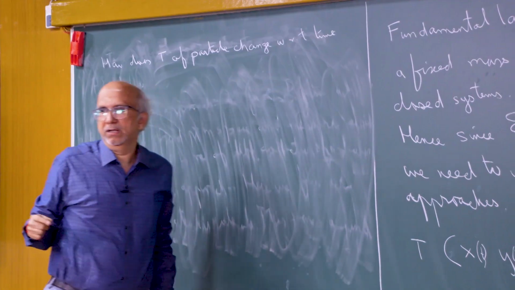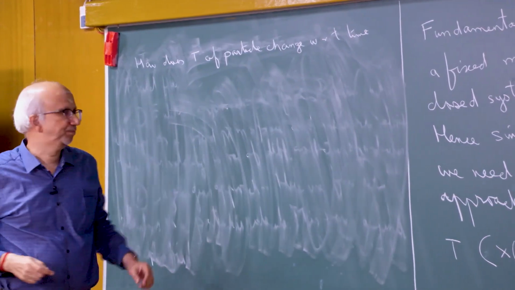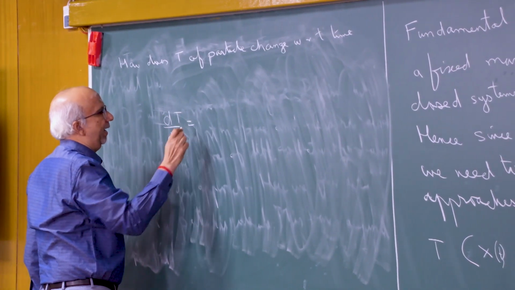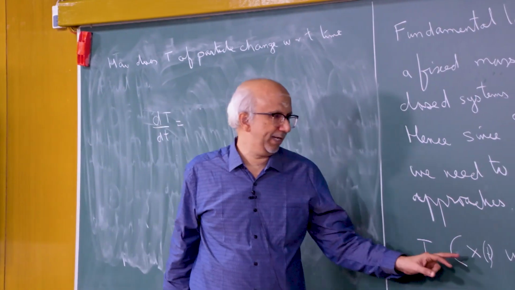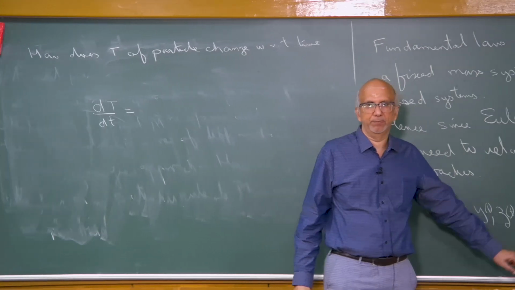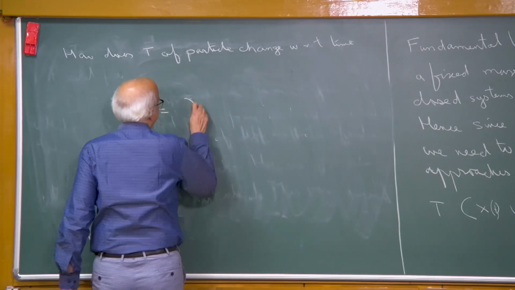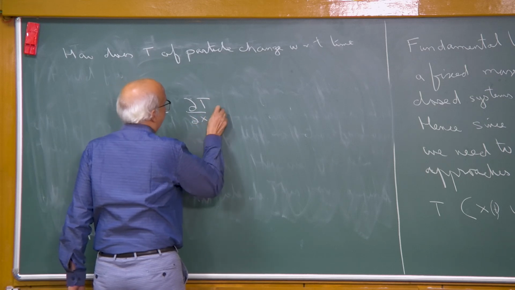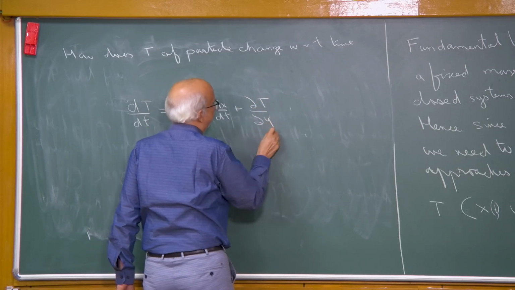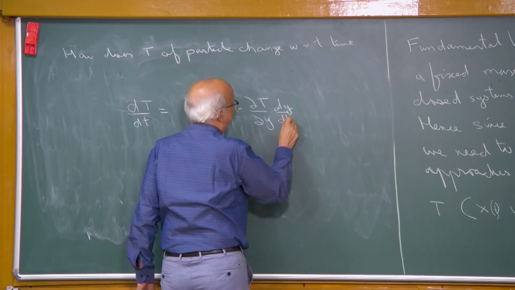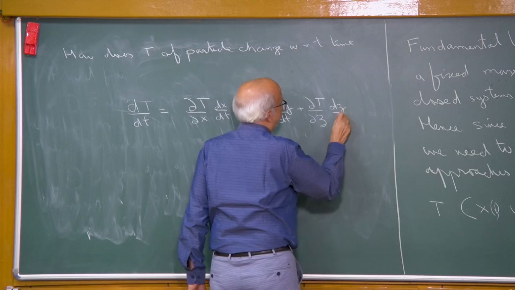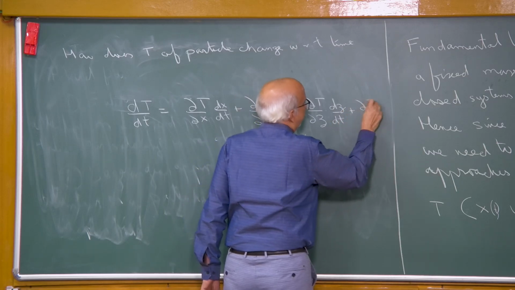So, what I am interested in is, the particle is moving, I am interested in dT/dt, and x, y, z are functions of time, and there is an explicit dependency on time as well. So, basically I am going to write this as ∂T/∂x times dx/dt plus ∂T/∂y times dy/dt plus ∂T/∂z times dz/dt plus ∂T/∂t.